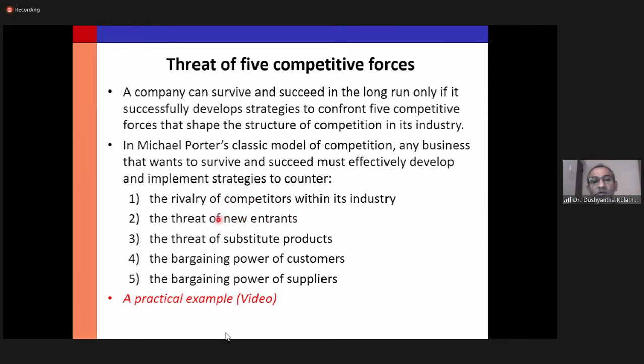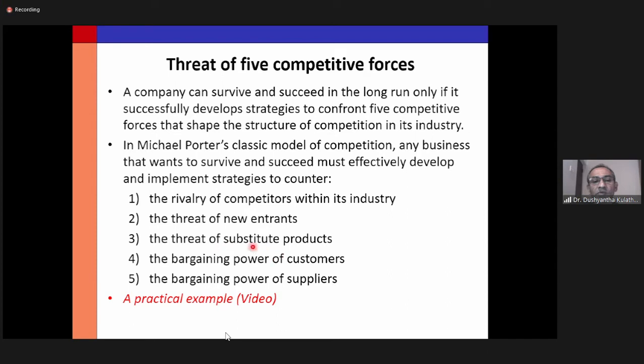So basically it will be a threat to the existing competitors operating in that industry. So this is another force the existing players will have to face.